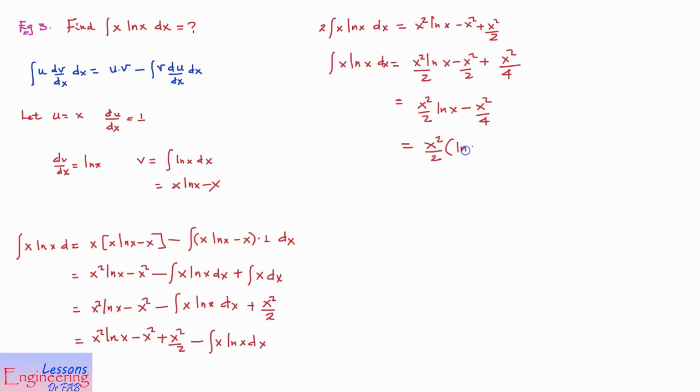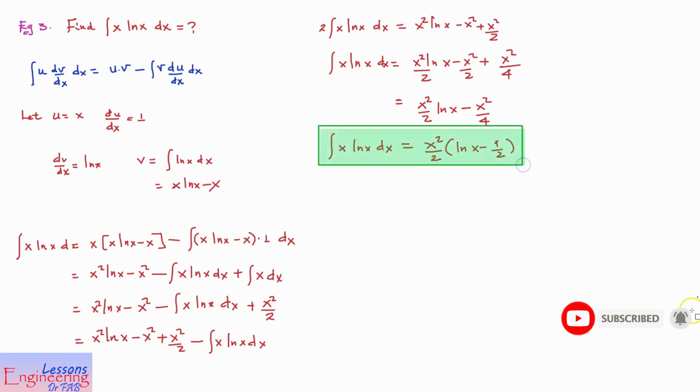So there will be ln x minus 1 over 2. Okay, so that is the solution for the integral of x ln x dx. Okay, that's our solution. Let's just call this case 1.